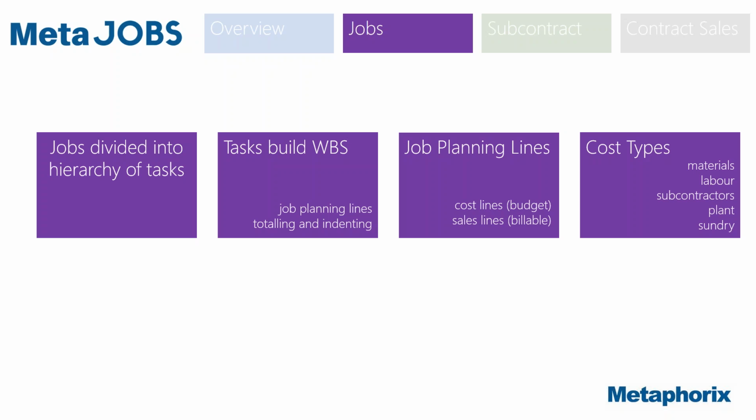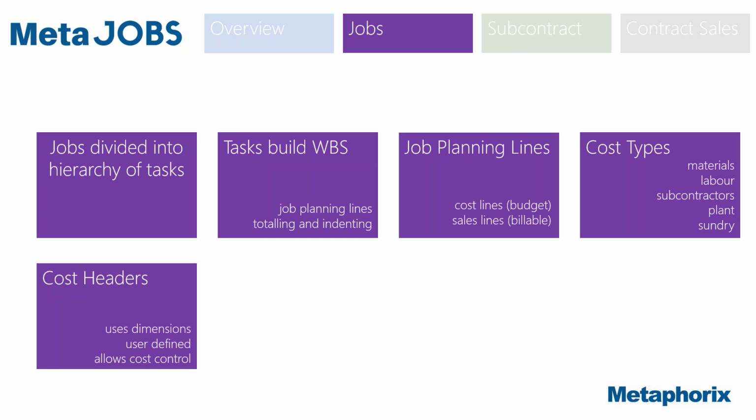Now, we have an additional cost type within MetaJOBS. It uses a dimension, and it can be split into what we call a 5-way split, which is materials, labour, subcontractors, plant and sundry. This is a common construction sort of breakdown of cost types, and within those they have the cost headers.